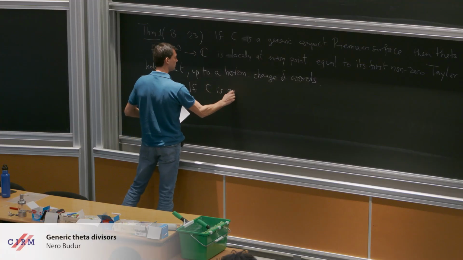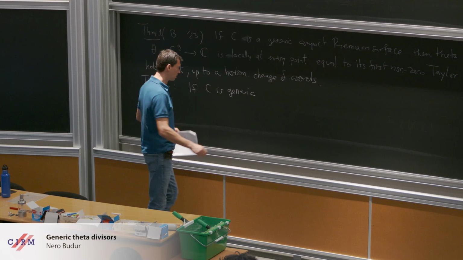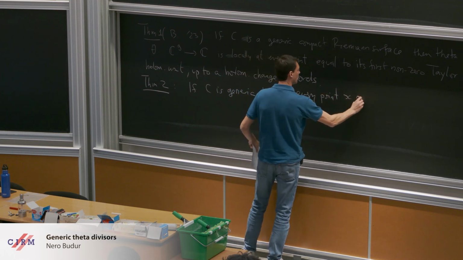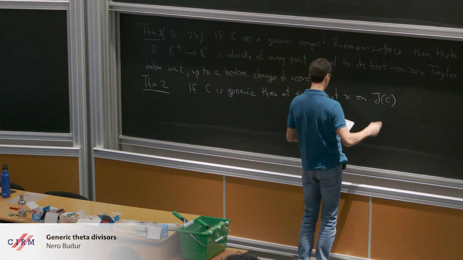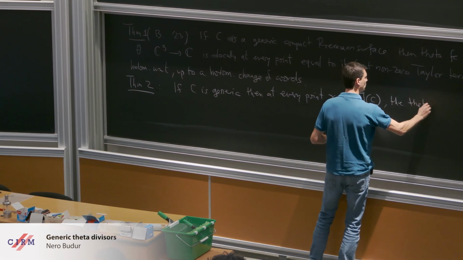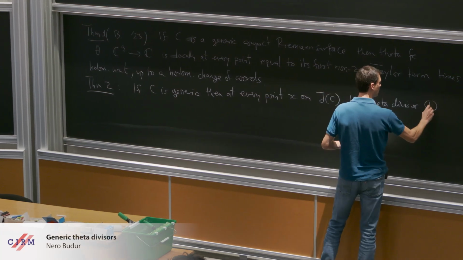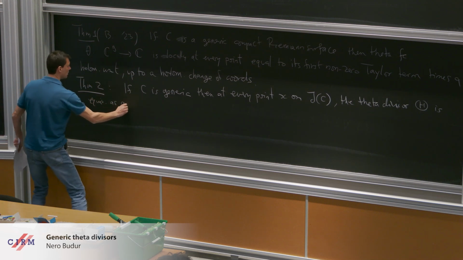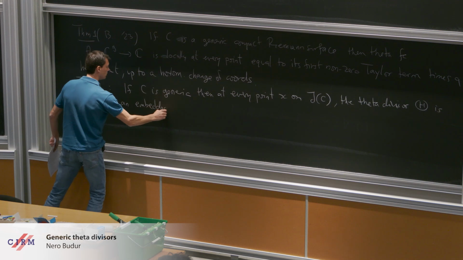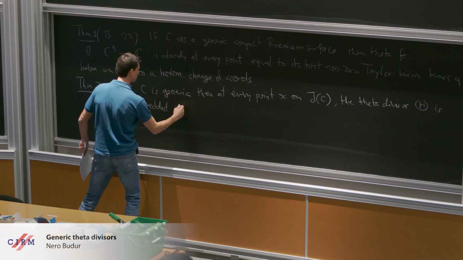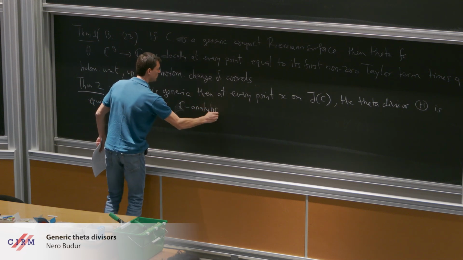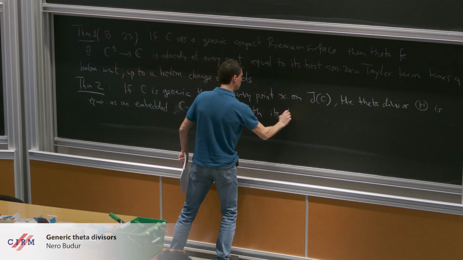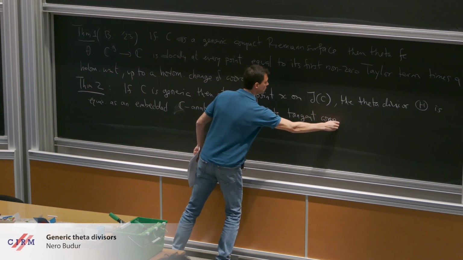If C is generic, then at every point x on the Jacobian of C, the theta divisor is equivalent, as an embedded complex analytic germ, with its tangent cone at that point.